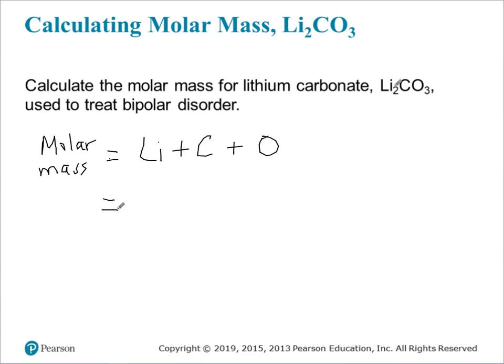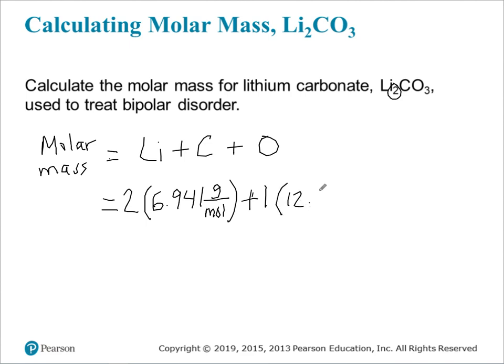For the lithium, we see that there are 2. So we're going to take the molar mass of lithium, which is 6.941 grams per mole, and we're going to multiply it by 2 because there are 2 lithium atoms in this compound. We're going to add to that the molar mass of carbon. There's only 1 carbon here, and I'm writing it out.